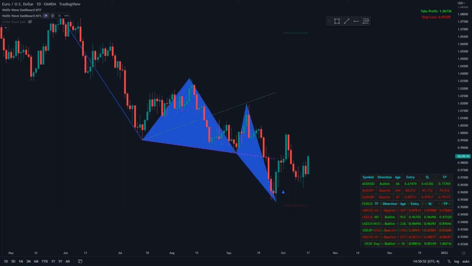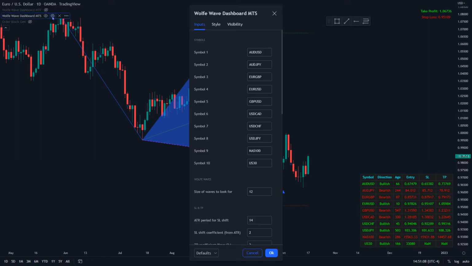Let me first show you the MTS, which stands for multi-symbol. And you can see here, you can plug in up to 10 symbols, 10 pairs of whatever you want to view on the dashboard here. If you go into the settings, it's the first thing that shows up here. You just put in the pair and it will show up here.